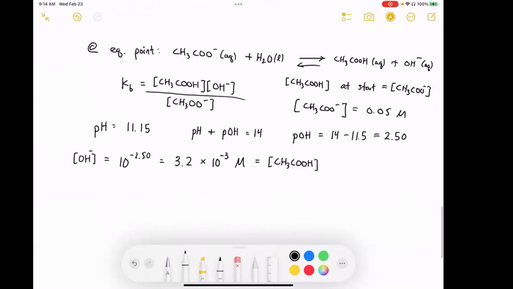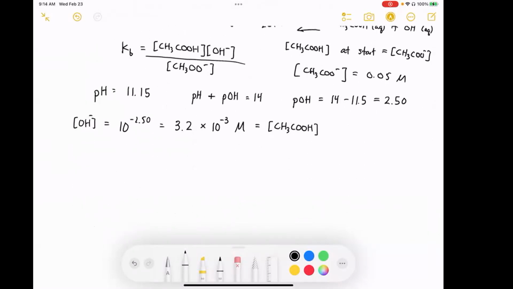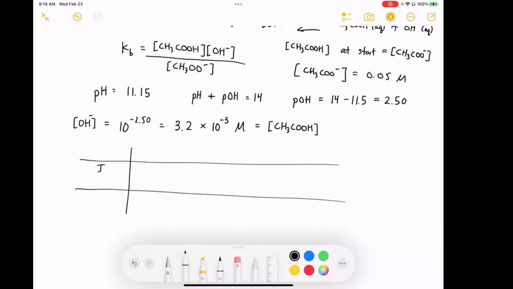So for our next ice table, we have initial, change, equilibrium. We have acetate plus water going to acetic acid plus hydroxide ion.